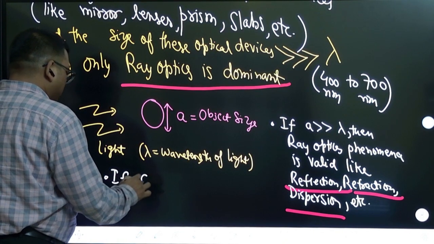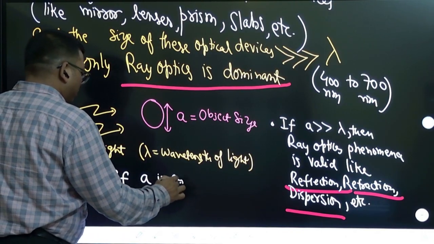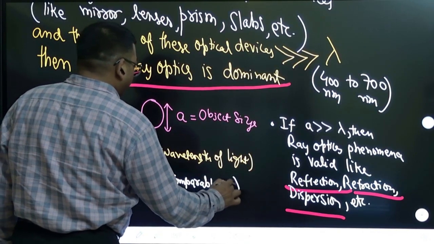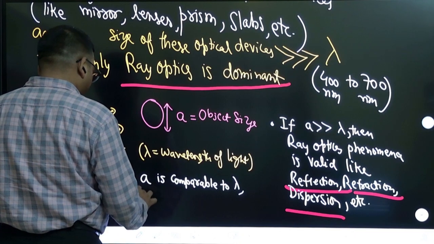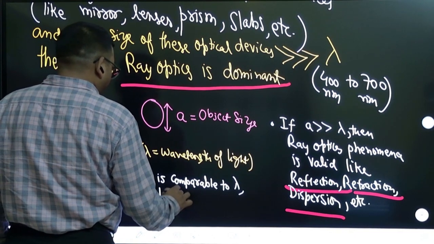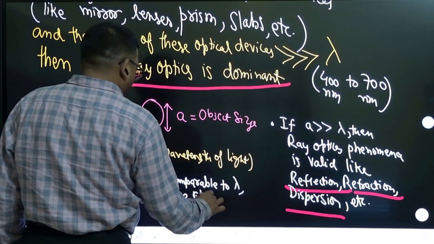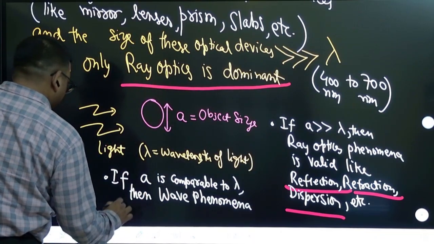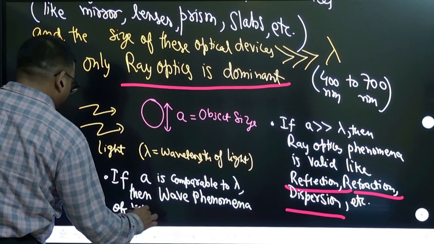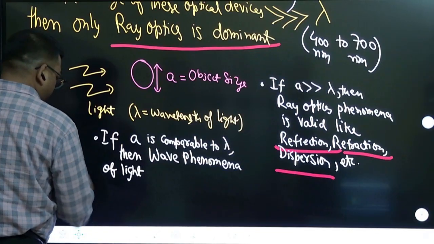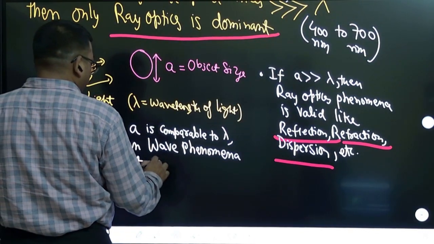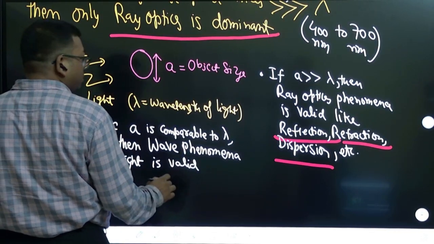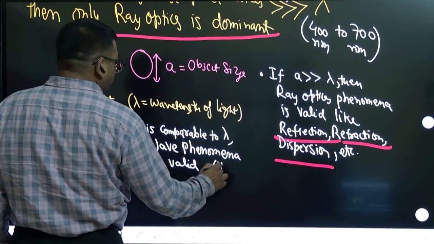But if A is comparable to the wavelength, then wave phenomena of light is valid. What are those wave phenomena?